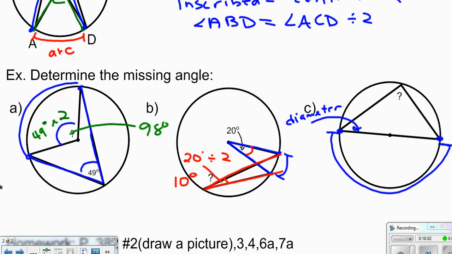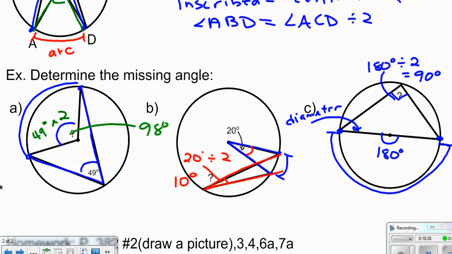And so this is the arc. The central angle is a straight line, so it is 180 degrees. And so the inscribed angle is going to be half of that. And so the inscribed angle is actually a right angle, or 90 degrees.